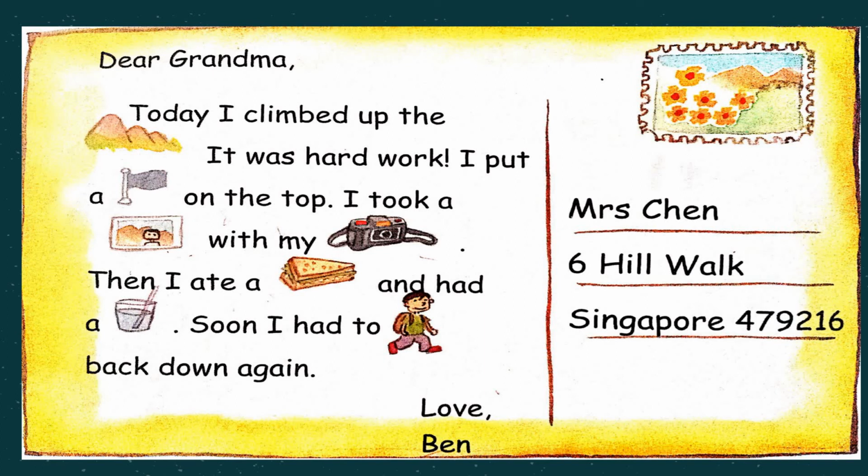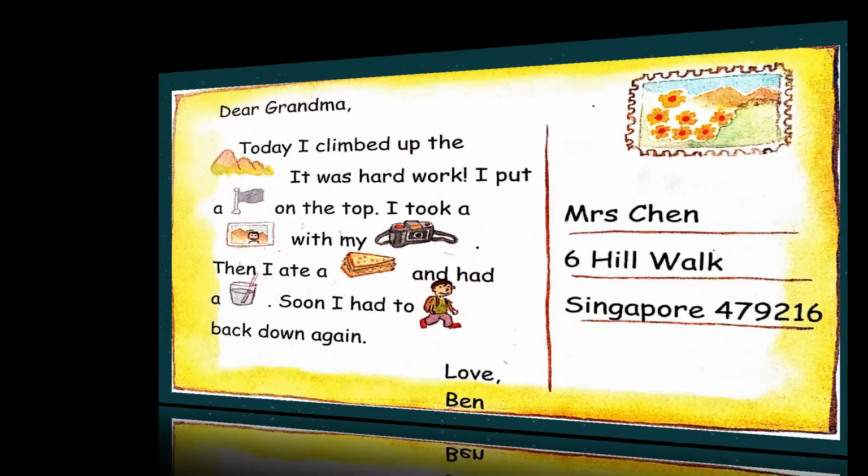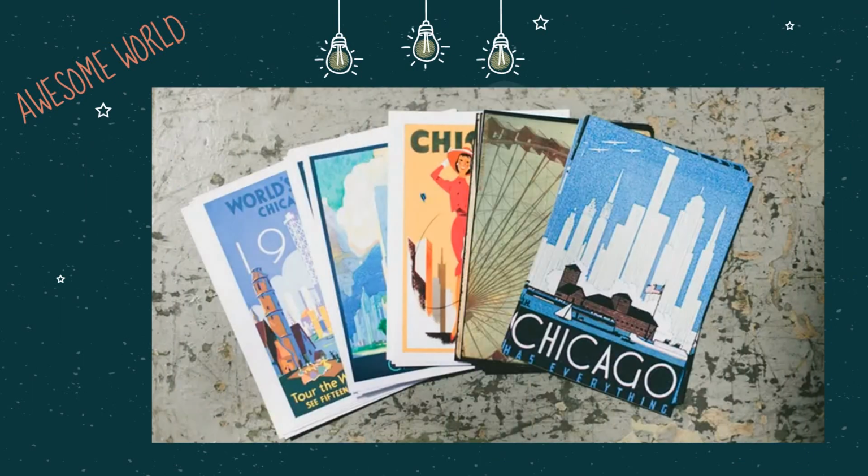Okay friends, it's actually quite easy when we study about postcards. Now let's take a look at another example of a postcard from around the world. This is the front side of a postcard, friends, that is full of pictures of a famous landmark or a famous place from another country.